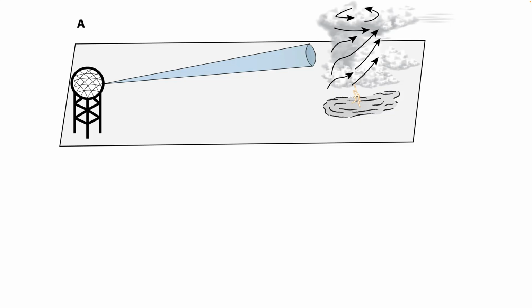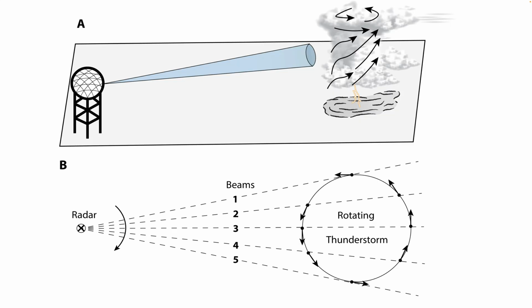Let me put up part B of this figure. This is looking down on the Doppler radar from above. The radar is located where we have this little circle with the X in it. This little streamline is depicting the motion of the radar inside the shelter, so it's clockwise in this example, sending out these pulses of microwave energy. This shows you when the pulse is coming out in position 1, 2, 3, 4, and 5.